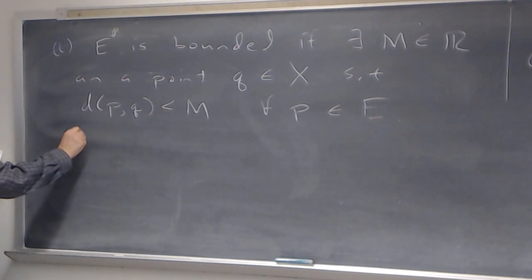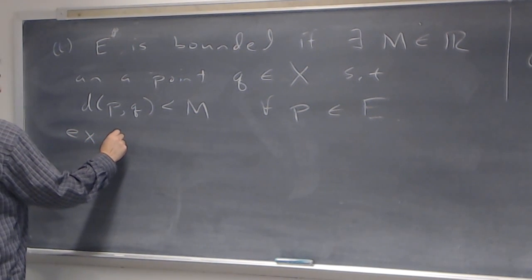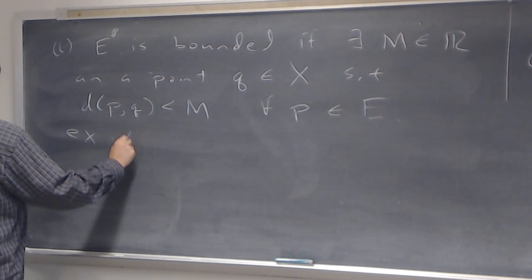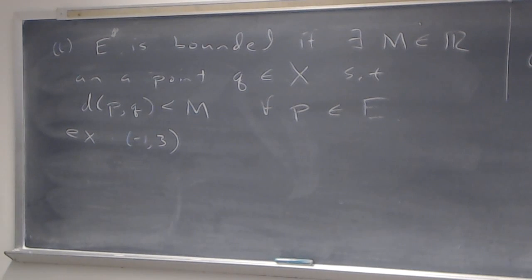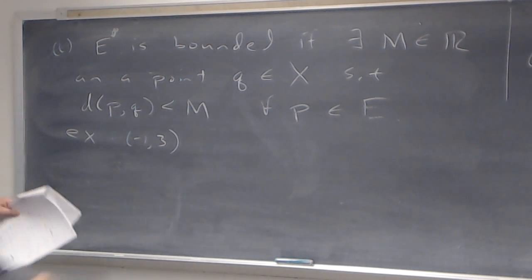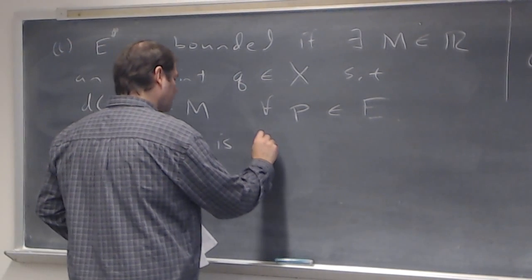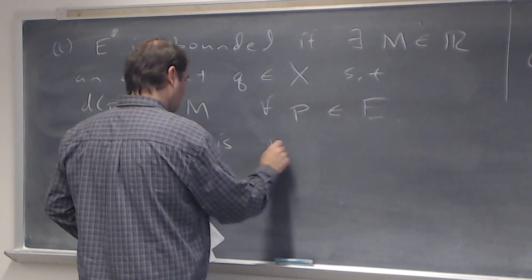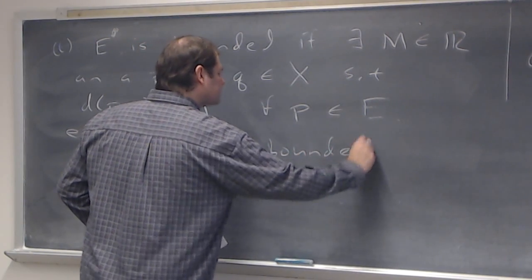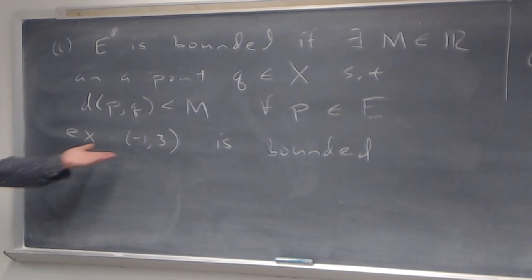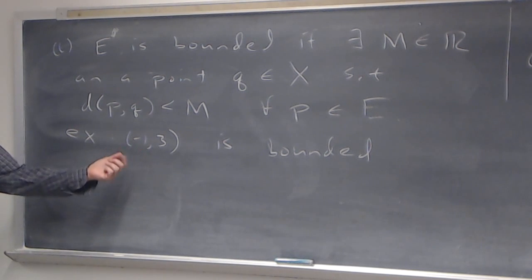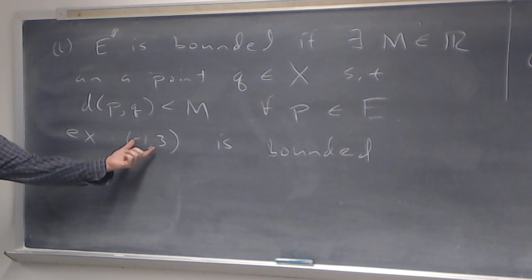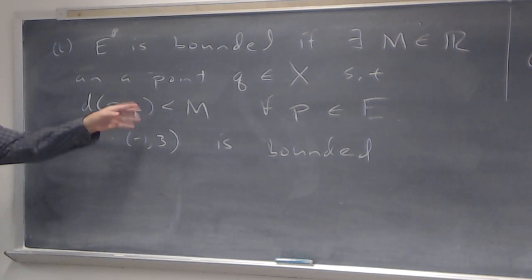And as an example, the set -1 to 3, not including -1 or 3, is bounded. Often, we take the Q in the real number system to be 0. We look at all the points in here as distance from 0, and the maximum distance is 3. And so M equal to 3 would work if our Q was 0.